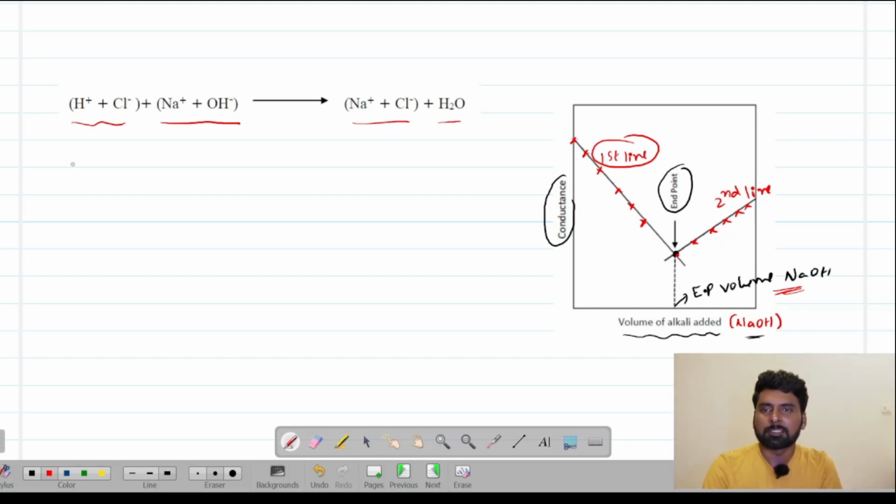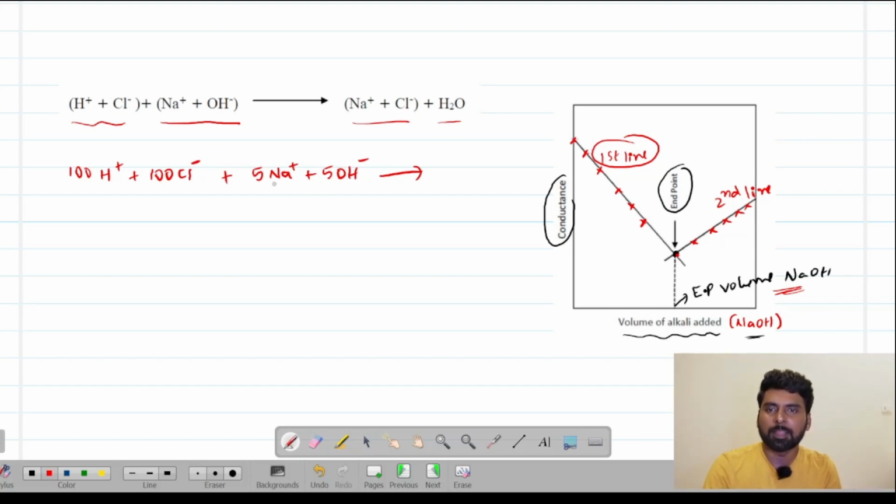Suppose initially 100 H plus and 100 Cl minus ions are there. You added just 1 ml of NaOH, and that 1 ml contains 5 Na plus and 5 OH minus.